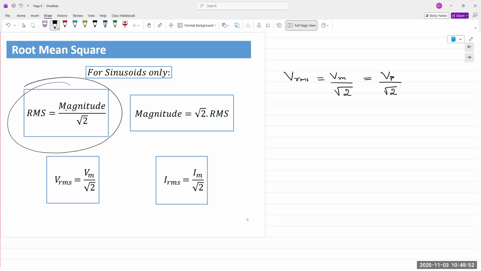Mathematically, we can calculate the RMS value simply by taking one single peak value and dividing by √2. Or we can find the peak value by multiplying by √2.